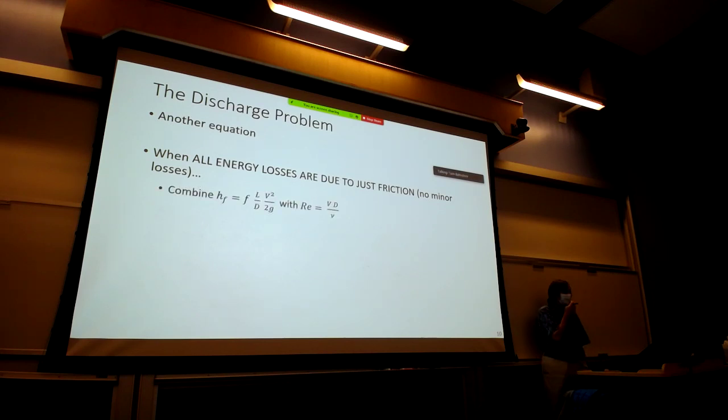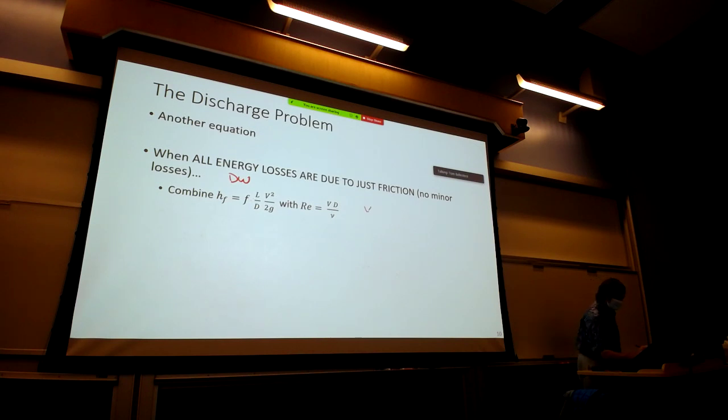When that's true, one thing we can do is combine the Darcy-Weisbach equation with the fundamental equation describing the Reynolds number. For example, we could solve the Reynolds number equation for velocity, and then substitute that into the Darcy-Weisbach equation.